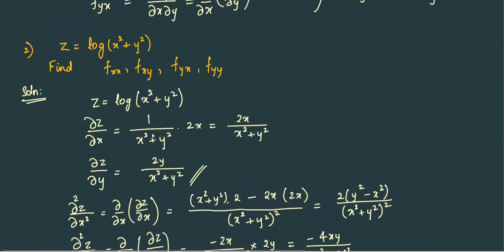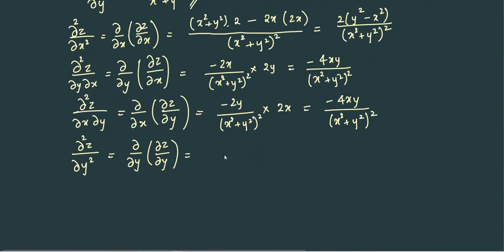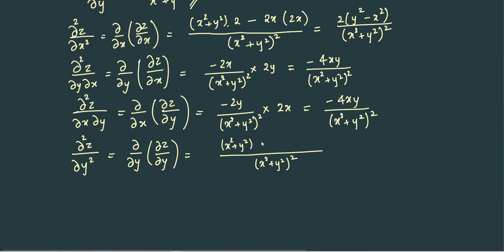So differentiating this with respect to y, we get the denominator (x² + y²) the whole square, (x² + y²) into derivative of 2y with respect to y, which is 2, minus 2y times derivative of the denominator x² + y² with respect to y, which is again 2y.